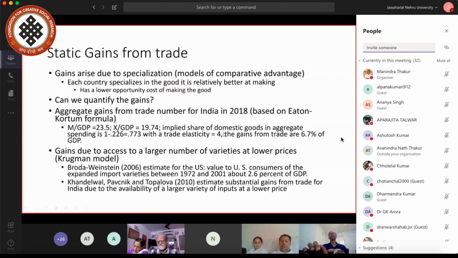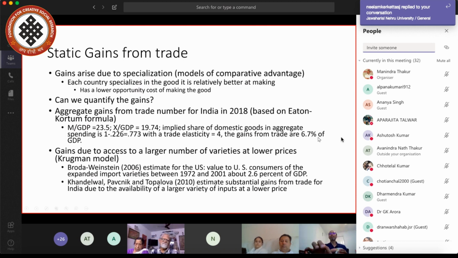And if there's a trade elasticity of 4, so this elasticity is how trade responds to trade costs, and people have come up with different numbers, but most of the numbers are around 4. So if you use this number of 4, then the gains from trade for India is roughly 6.7% of GDP.